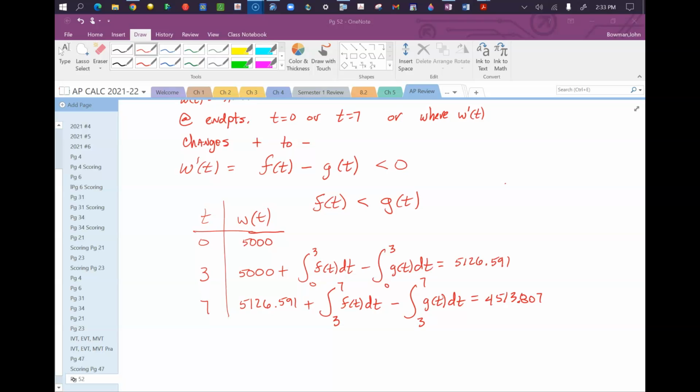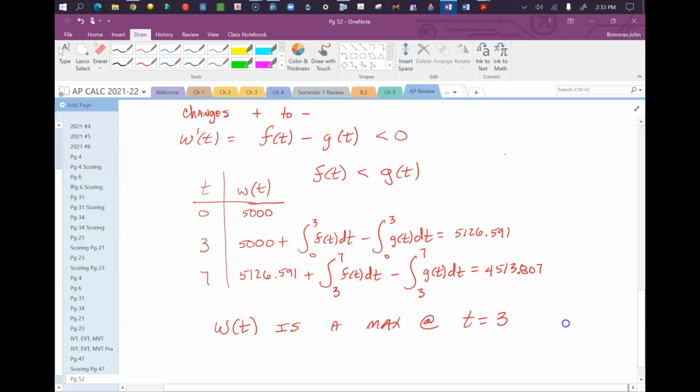So make sure you answer the question. And the question is, for what time from 0 to 7 inclusive is the amount of water in the tank the greatest? W of t, which we have defined, is a max at t equal 3.